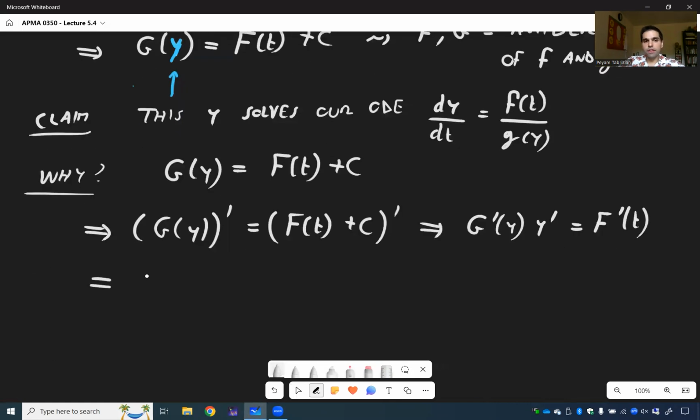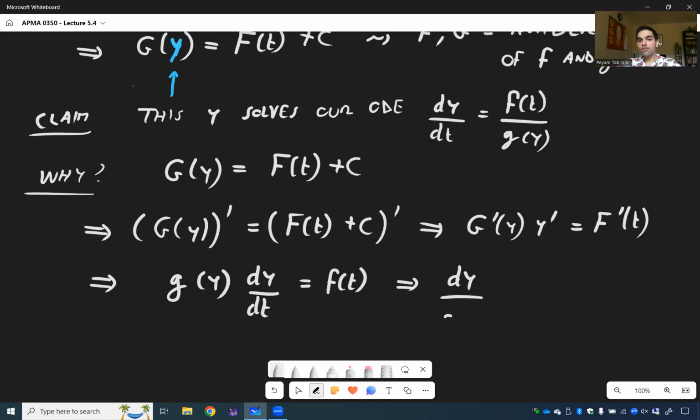But capital G is an antiderivative of little g, so you get g of y dy over dt equals f of t. And then in the end, if you solve for dy over dt, you get f of t over g of y.